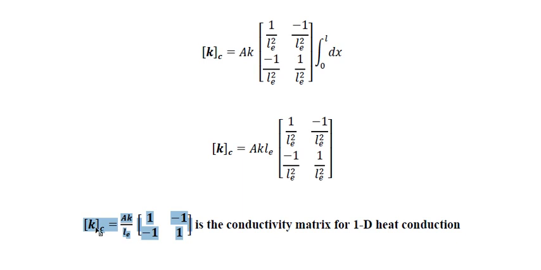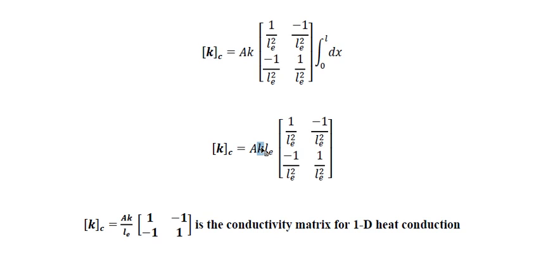Observe here. K is conductivity, a material property. This is the conduction matrix. The suffix C is written, that is, conduction matrix.